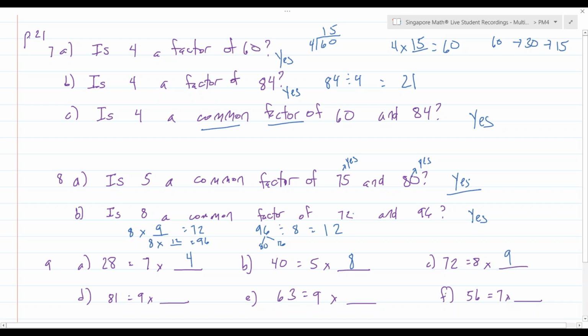If you're still struggling with those, you really need to go back and work on them. We've practiced and practiced and practiced. If you need more practice, you can make some flashcards. You can do some things to learn. 63 is 9 times 7. 56 is 7 times 8. These are all good things to know when you're working on factors.